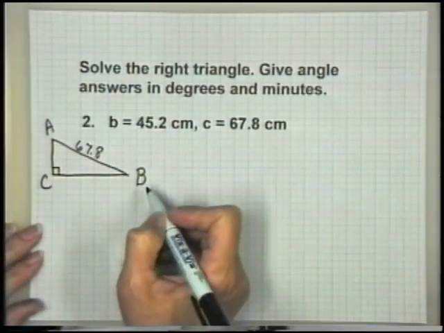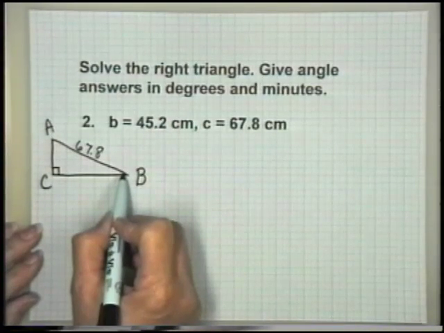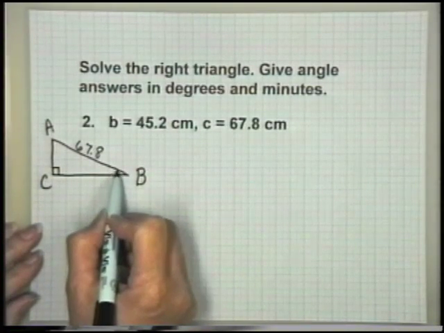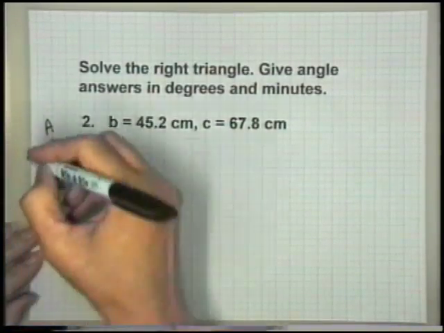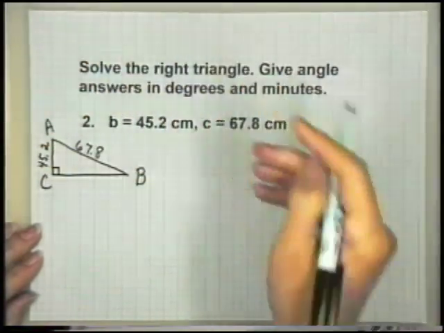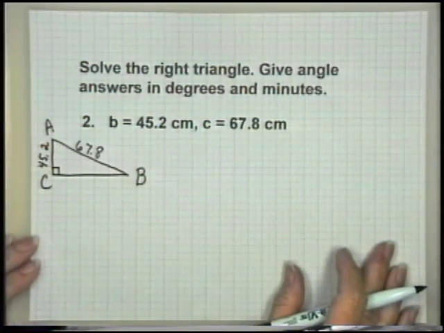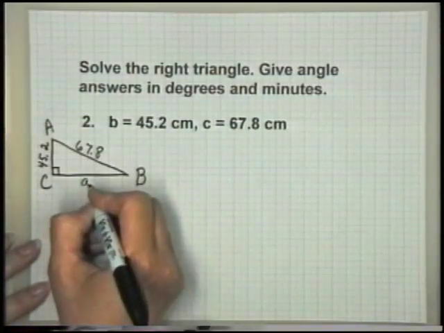Let's try A up there and B down there. And now since this is little b, it is the side or leg across from angle B. So I know that this leg measures 45.2 centimeters.